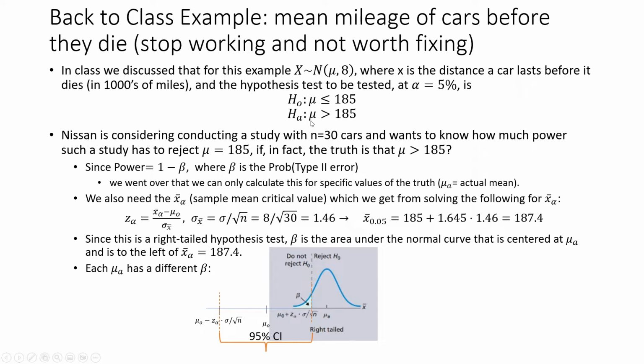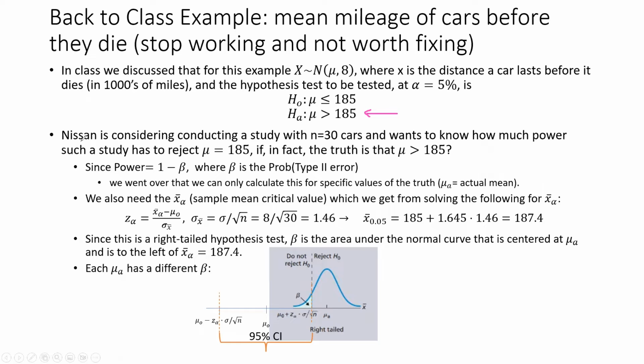We said, okay, what we want to know is, because of synthetic oils being one reason, is it possible cars are lasting longer than 185,000 miles? So we put our concern in the alternative, and then we put the opposite of that in the null, and we're going to test the bound where mu equals 185.